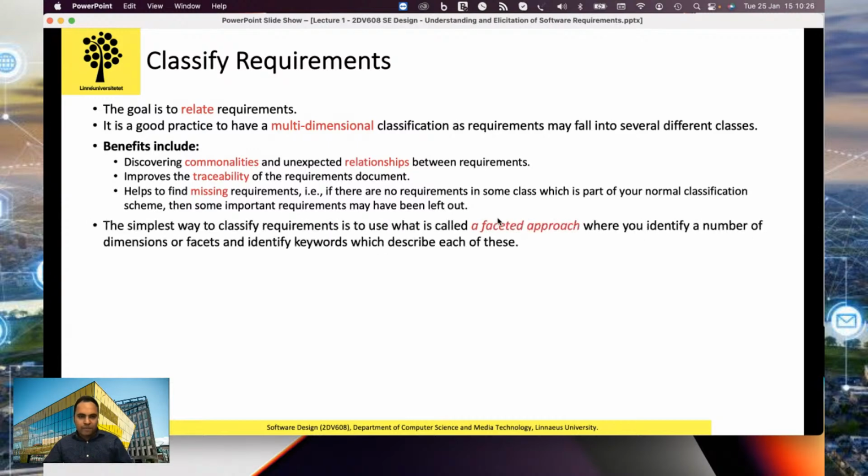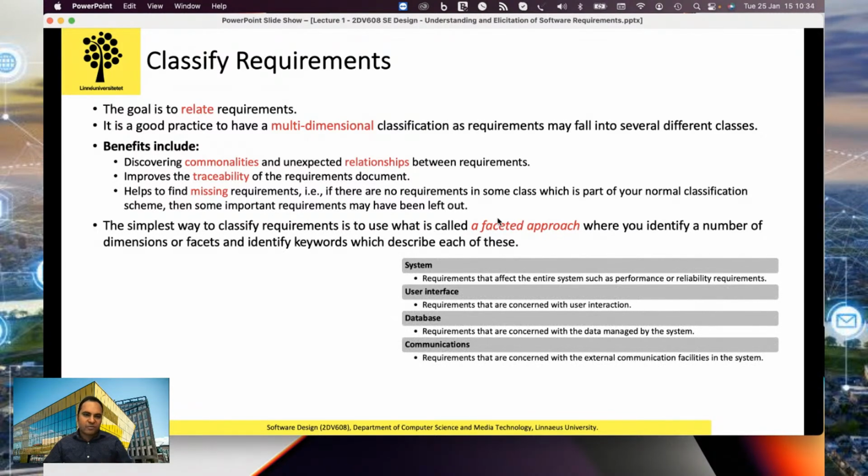For example, a common approach for classifying requirements is the faceted approach, where you identify a number of dimensions. Let's say one group of requirements could be about the system, one group about user interface, one group about database, and one group about communication.